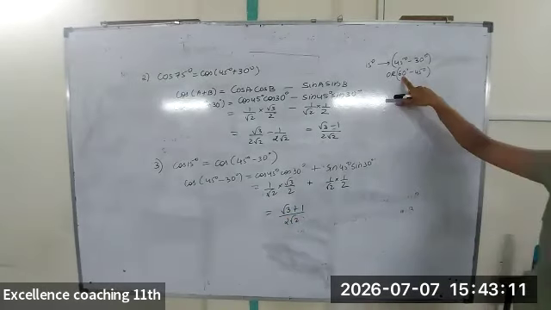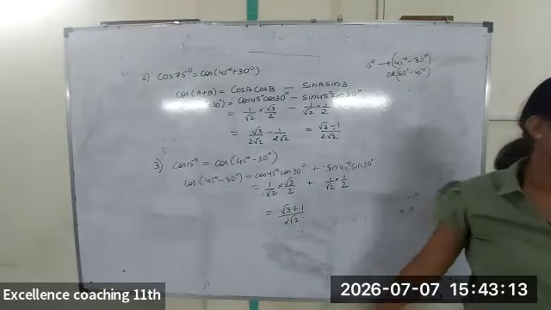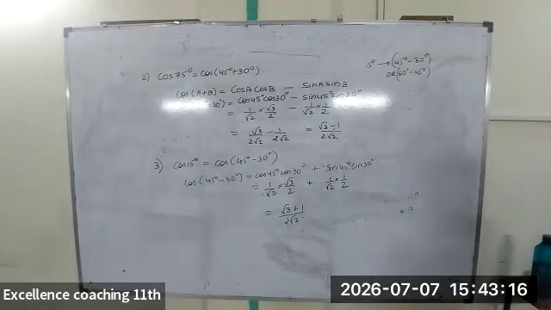Those who had written 60 will get 1 plus root 3. That doesn't matter. The root 3 plus 1 is the same as 1 plus root 3.